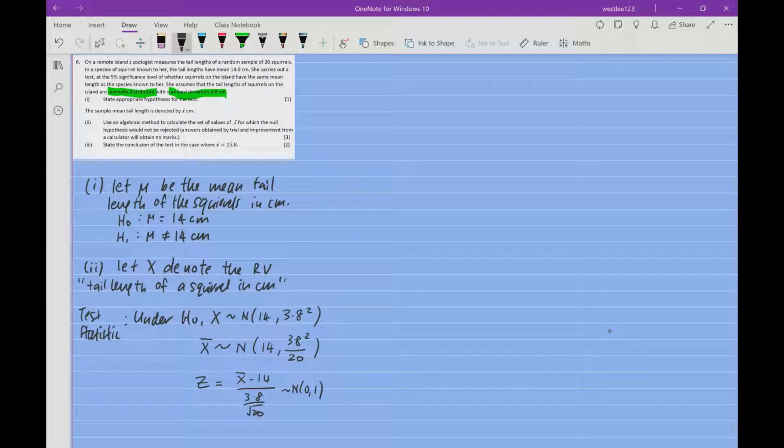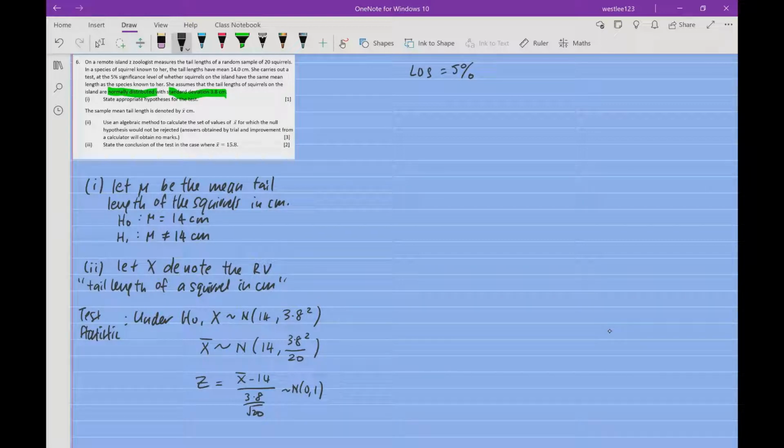Then after that, level of significance, 5%. In some JCs, the teachers only require the students to write the level of significance. But personally, I always tell my students to add one more phrase behind it, that is your rejection criteria, so that later when you are doing your working, you know what you are looking for.